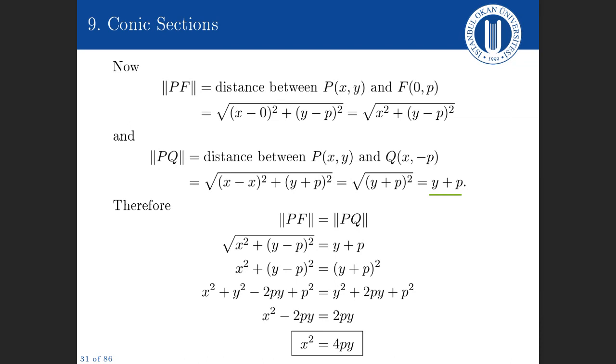And these two distances must be the same if we have a parabola. So we must have that the square root of x squared plus (y minus p) squared is equal to y plus p. If we rearrange and simplify this, we end up with the standard equation for a parabola. x squared is equal to 4py.